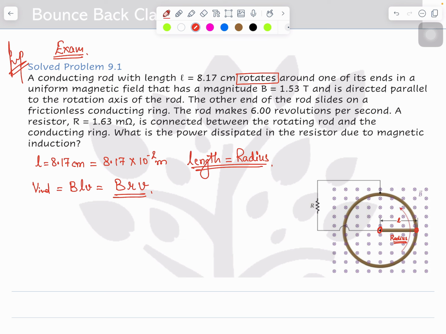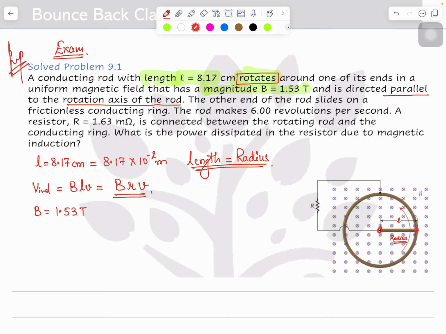A conducting rod with length, okay, length is given, rotates, this is your keyword, around one of its end in a uniform magnetic field that has a magnitude of 1.53 Tesla and is directed parallel to the rotation axis of the rod.